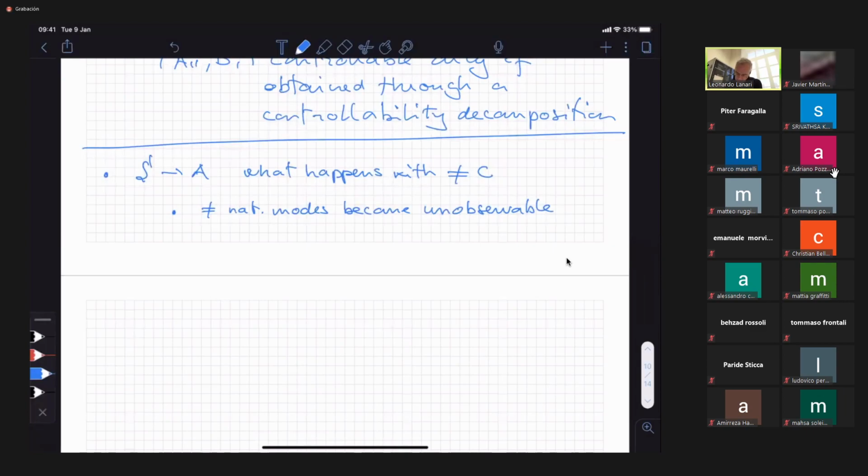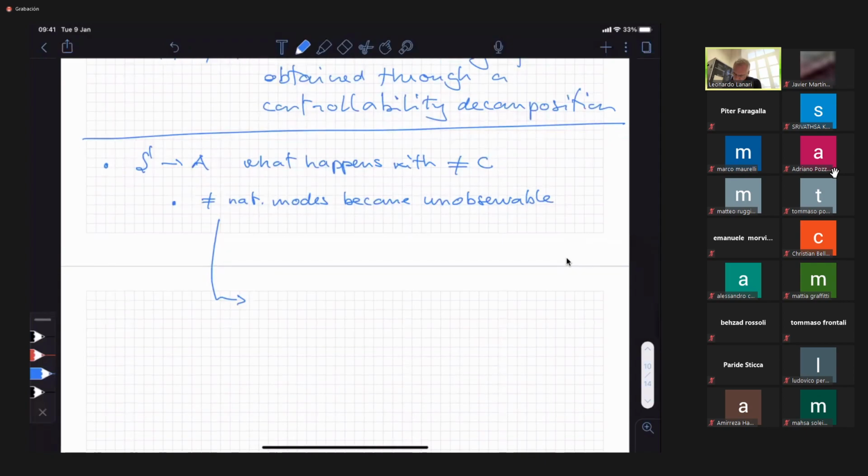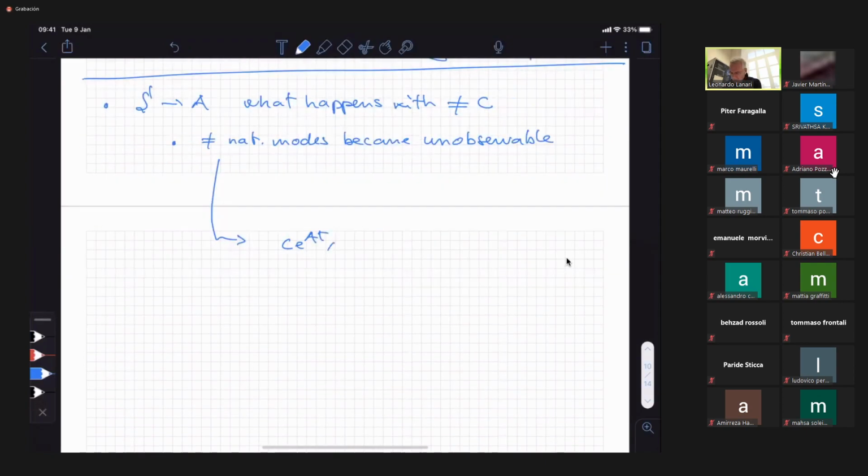And you know this, in fact, because when we wrote C e to the At x0, in the case n equal 2, and lambda 1 different from lambda 2, using the expression for the exponential, we had u1 transpose x0 e lambda 1 t C u1, plus e lambda 2 t C u2 u2 transpose x0. Okay, you remember this expression, hopefully.